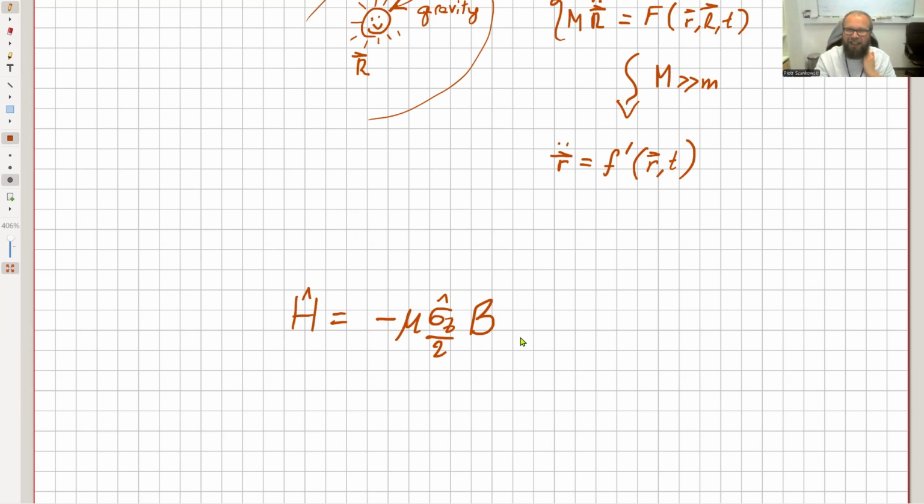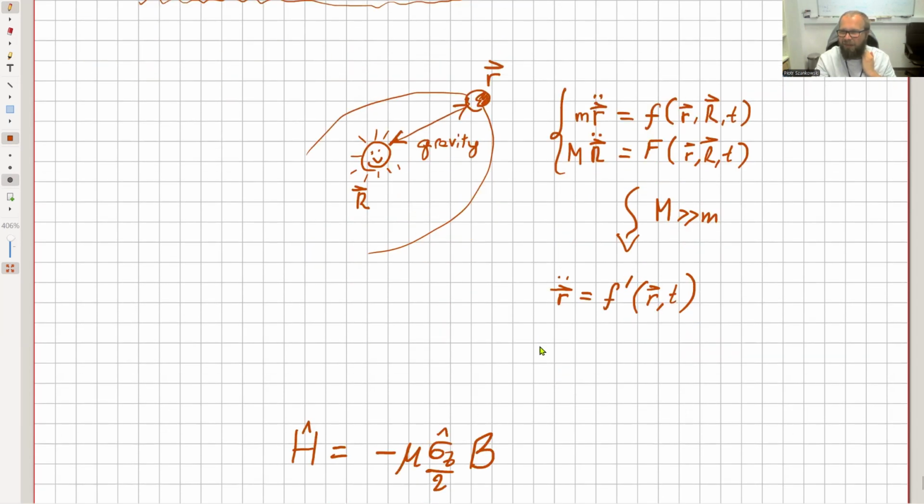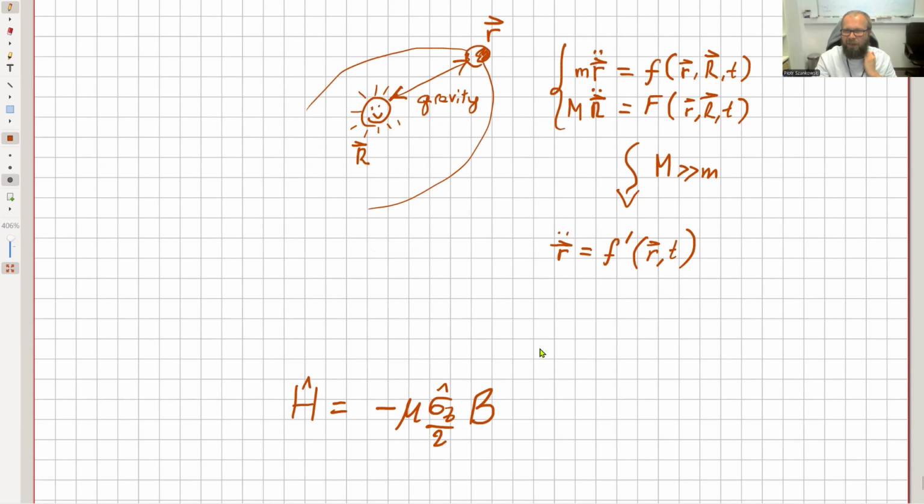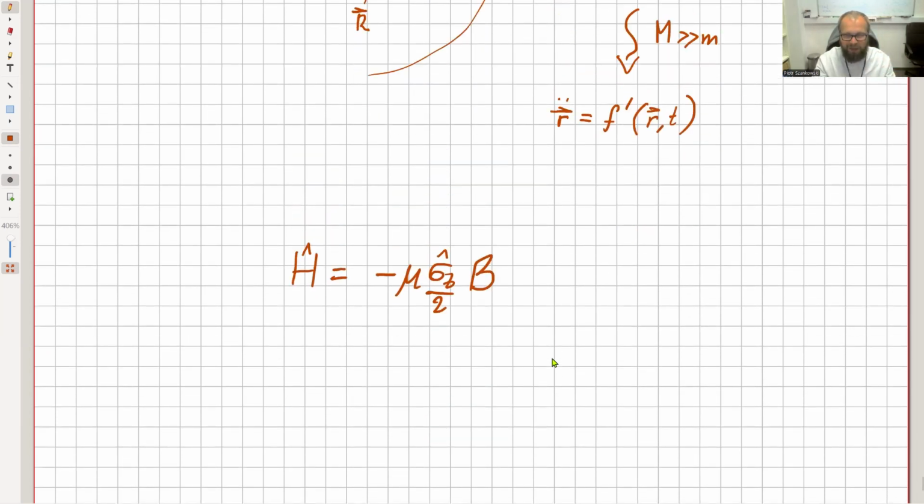So this is the setup for our problem here, and let's try to answer this question. Now, where do external fields come from?